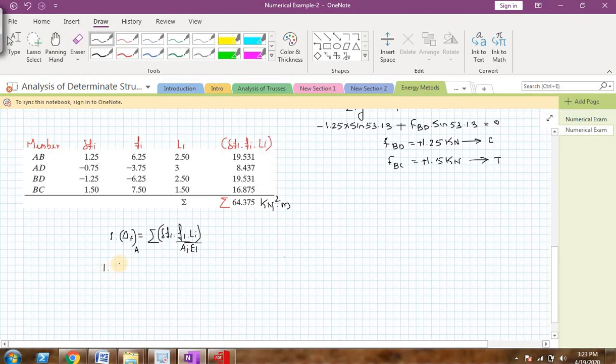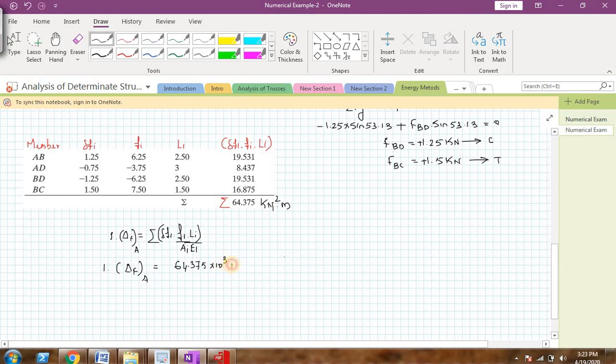So 1 times the vertical deflection at A is equal to 64.375. Let me write it in terms of newtons.